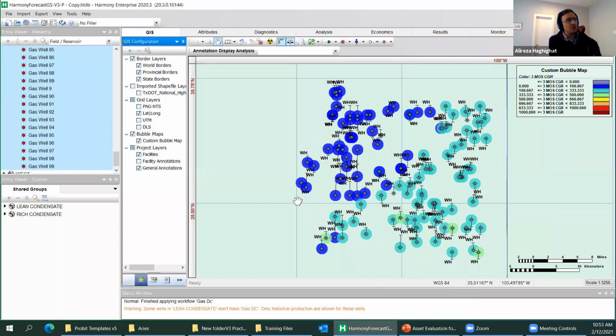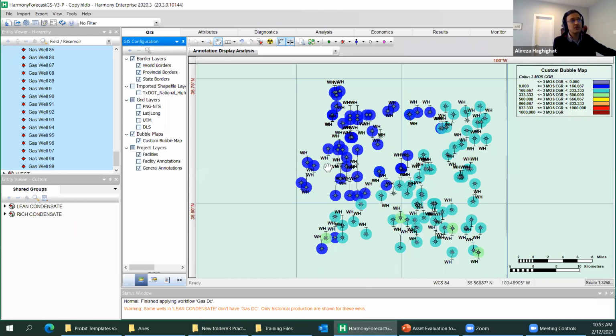So what we can do, we can group these wells. I select all of these wells with low condensate yield, with low condensate production, and I place them in a group that I call lean condensate. And the wells that are showing higher condensate production or higher condensate to gas ratio, I call rich condensate wells.